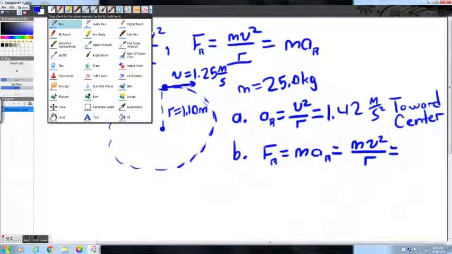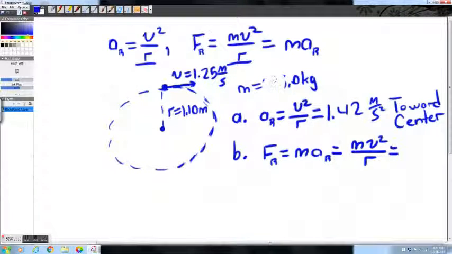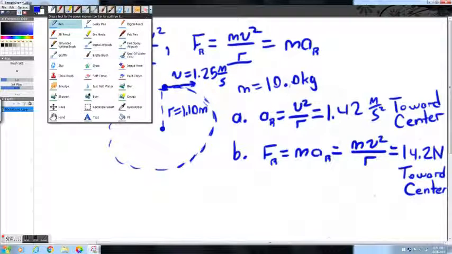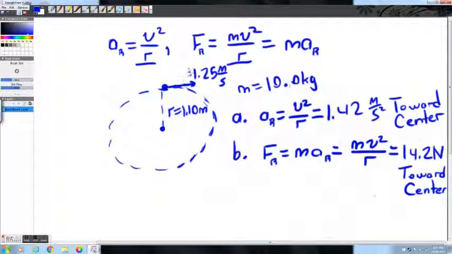I don't like 25, let's make it 10, just so we don't have to use the calculator again. That gives 14.2 newtons towards the center. So that's simple enough, a horizontal circle.